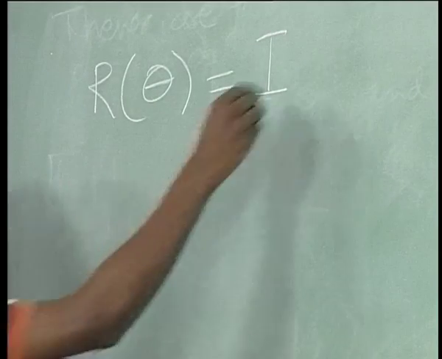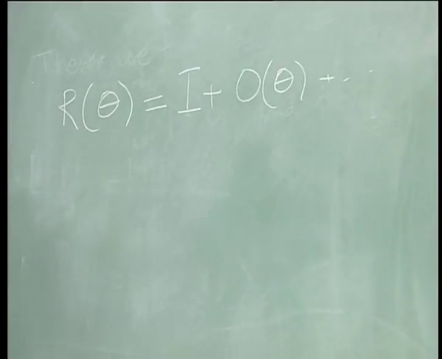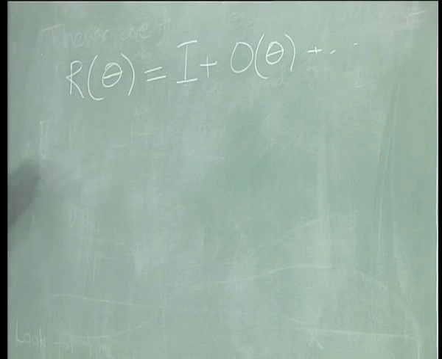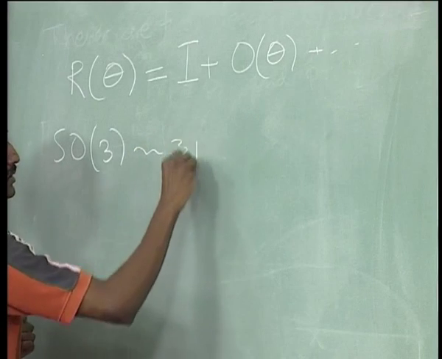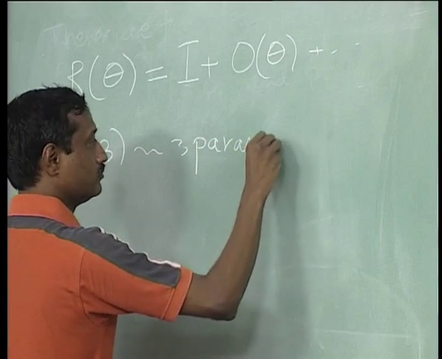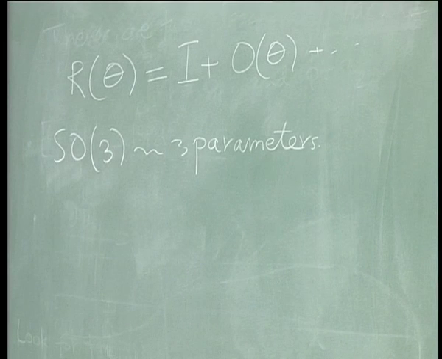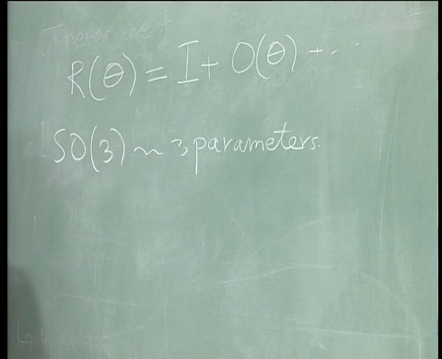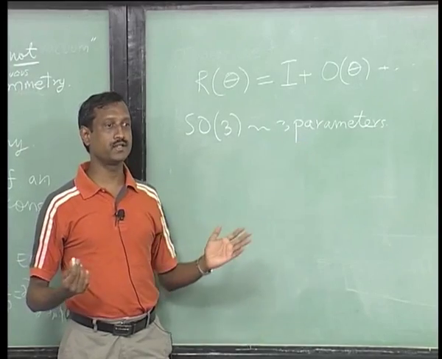So there is this notion of smallness of some parameter, and you will have a bunch of parameters. If you have SO3, you will have 3 parameters. If I start from the identity matrix, I can go in 3 different directions, roughly speaking. I can turn on any one of these parameters, the Euler angles.